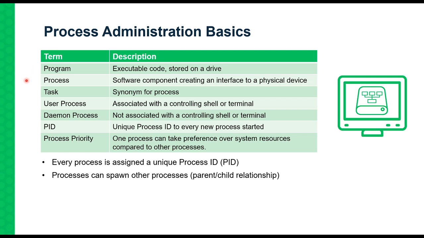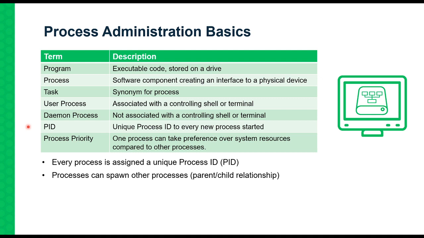Another terminology is a process. It's a software component creating an interface to a physical device. Then a task is a synonym for a process. Then a user process is associated with a controlling shell or terminal. Then we get a daemon process. It's not associated with a controlling shell or terminal.